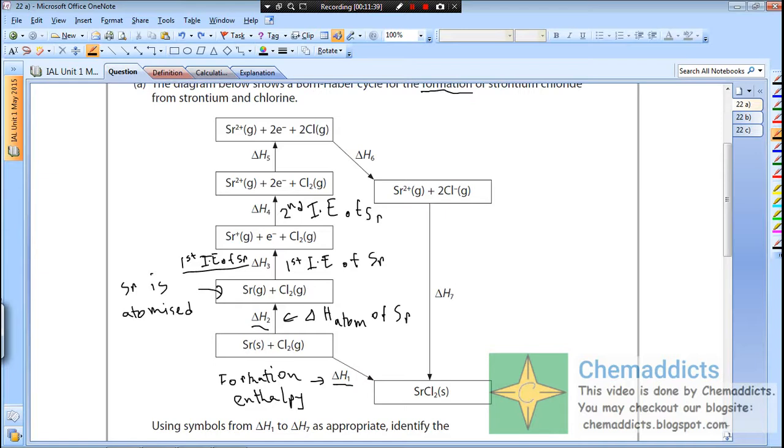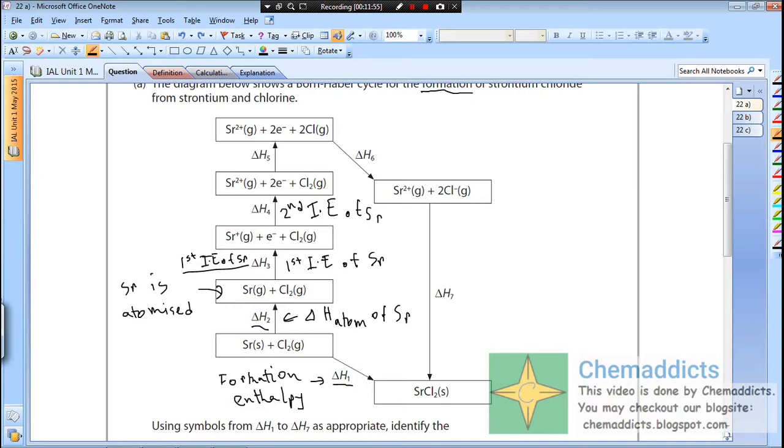So we are ionizing for the second time. So del H4 is the second ionization energy for strontium.